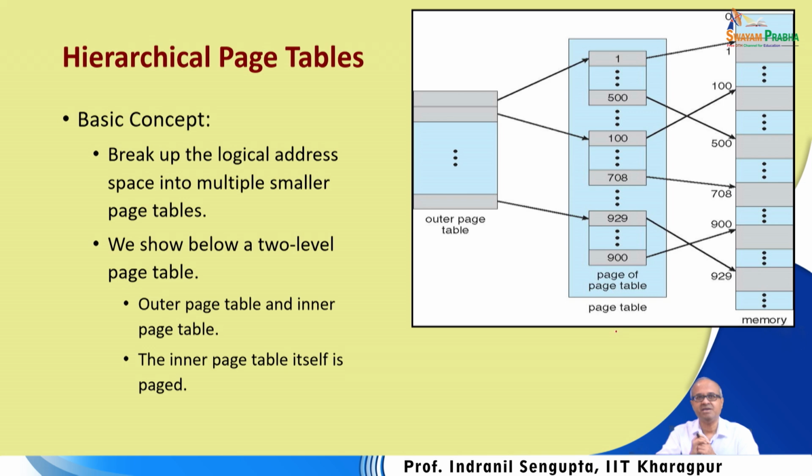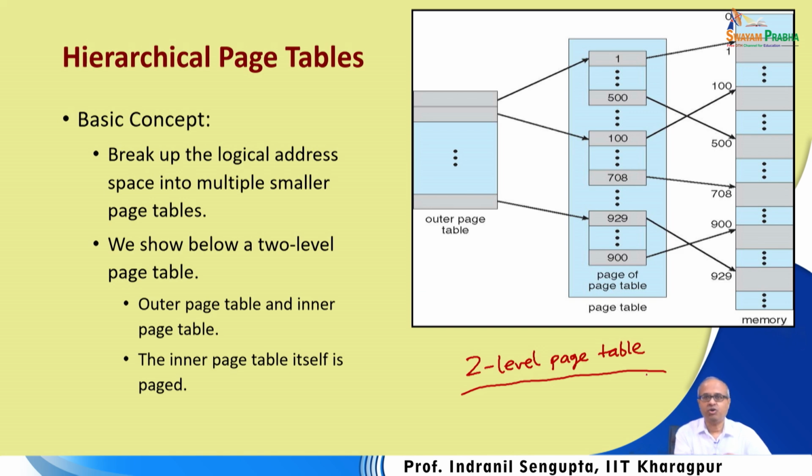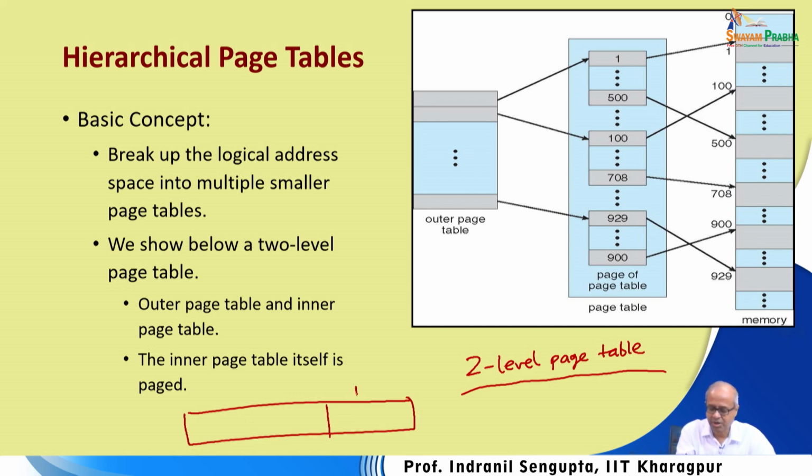Let us consider a so called 2-level page table. We are showing a 2-level page table. What I was saying is that the logical address initially had 2 parts. There were 12 bits in the offset and 20 bits in the page number.